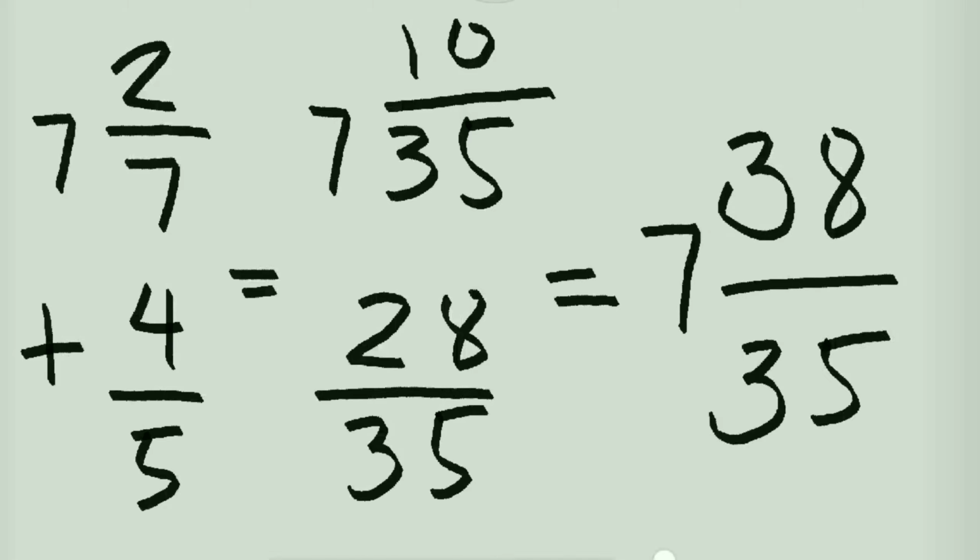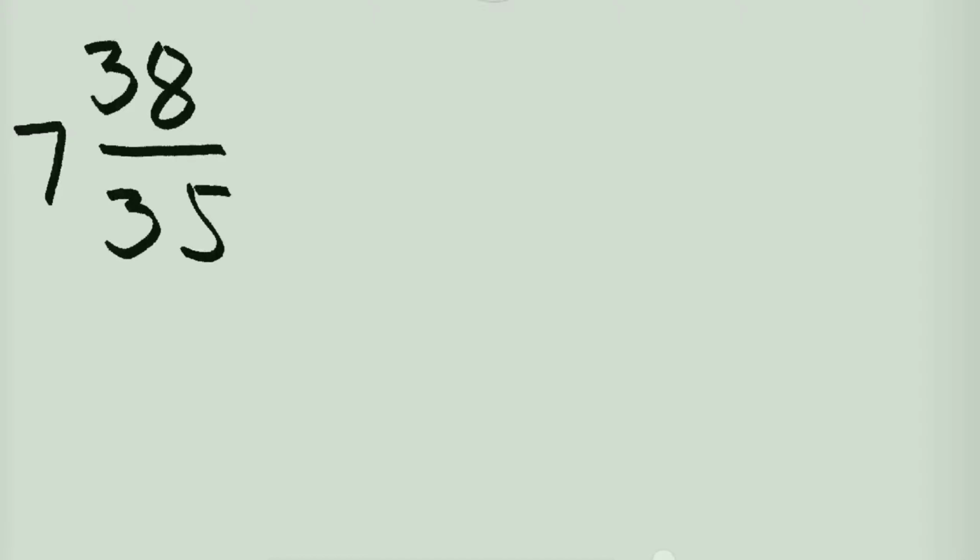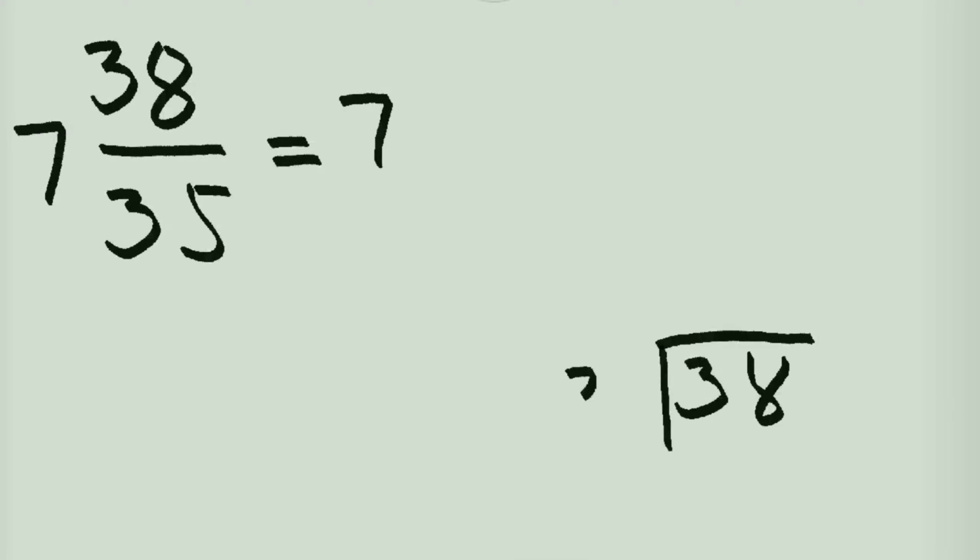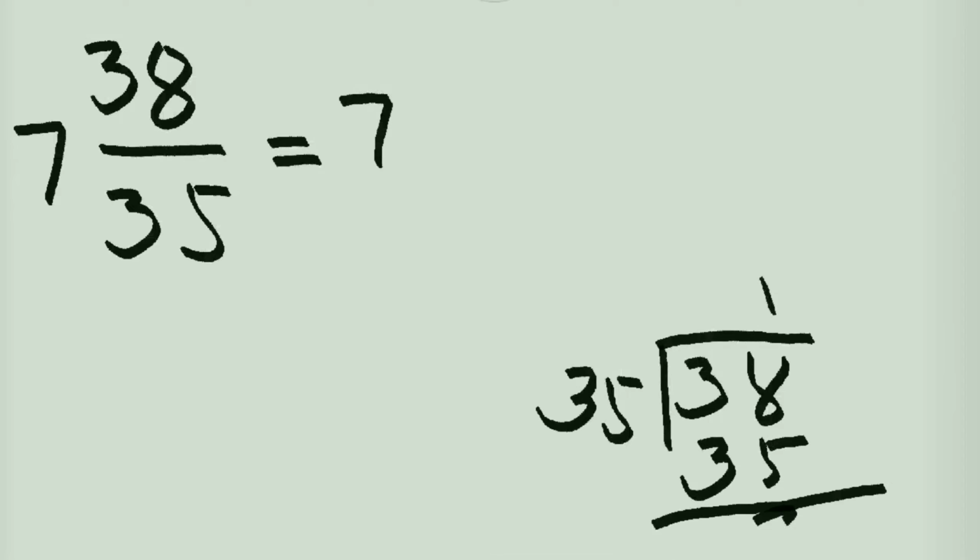The answer contains an improper fraction, so we have to change it to a mixed number. 7 and 38 over 35. 38 divided by 35 is equal to 1, and 1 times 35 is equal to 35. 38 minus 35 is equal to 3.